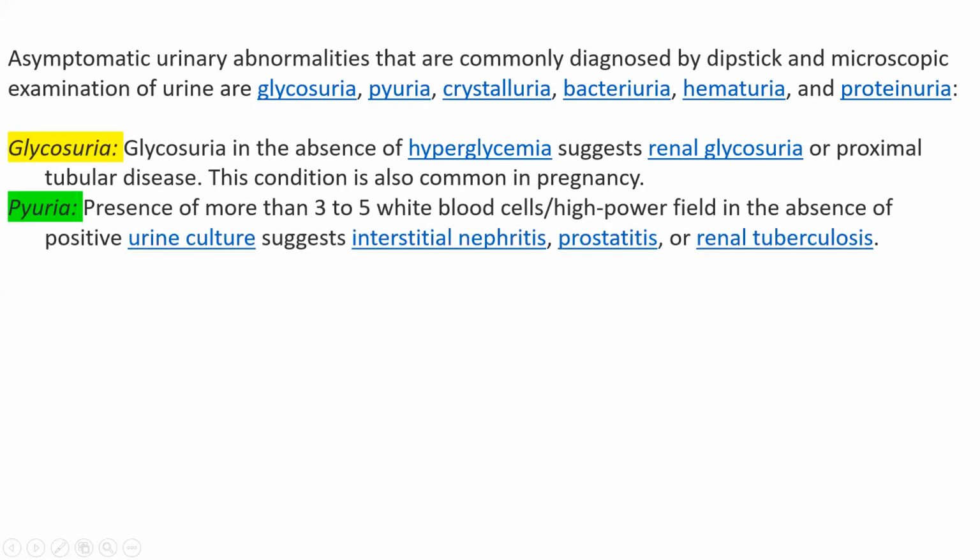So this is pyuria. Pyuria means the presence of more than 3 to 5 white blood cells, that is WBC, per high power field in the absence of positive urine culture, that suggests interstitial nephritis, prostatitis, or renal tuberculosis.